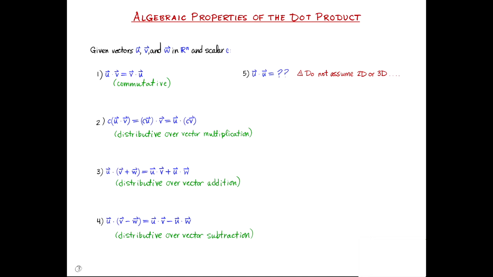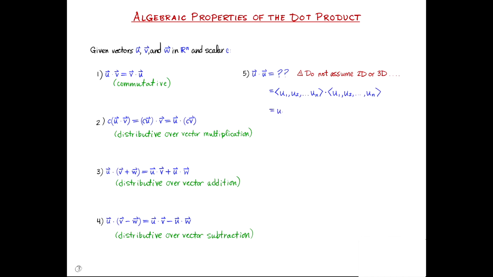For the last one, we have u dot u. Let's do a quick little proof here to figure out what that is equal to. We're not going to restrict ourselves to 2 dimensions or 3 dimensions. We'll stay in Rn. The dot product of our vector u, which is (u1, u2, ..., un), and we're taking the dot product of it with itself. We add the products of each of the components.